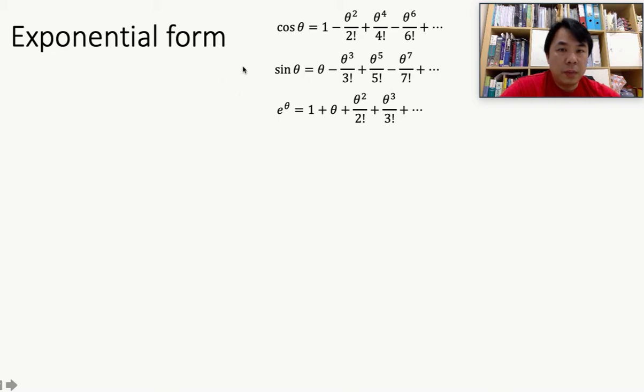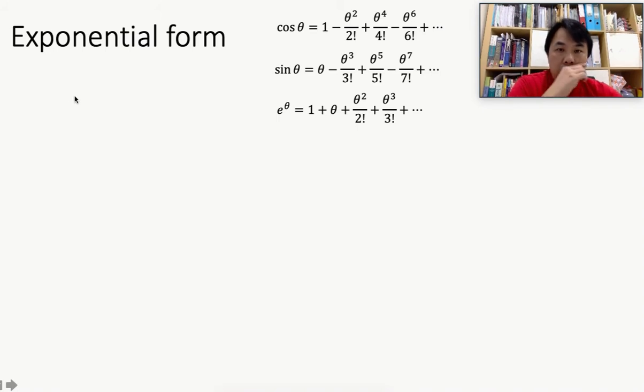Just to recap, we have cosine represented in this series, sine represented in another series, and the exponential represented in this series itself. So by using all this, we get to derive the Euler form for a complex number. Now let's try this out.